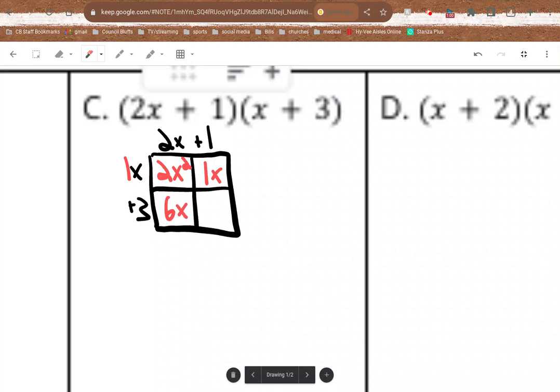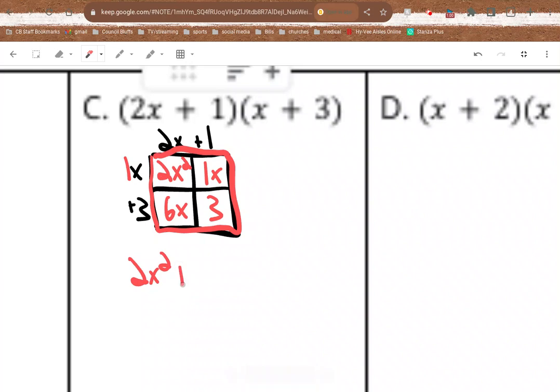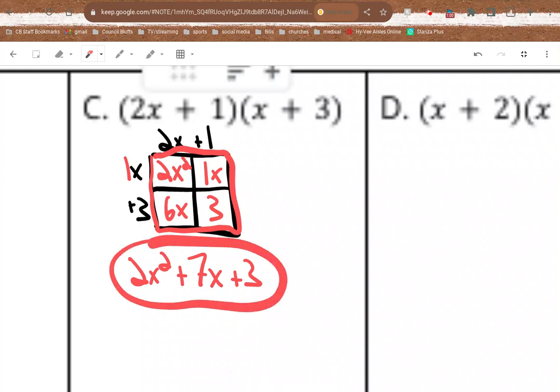Bottom right is going to be 3 times 1, which is 3. All right, if I put all of this together, I have 2x squared. Then I have 1x and 6x, which is 7x, and then plus 3. So that's your answer for C.